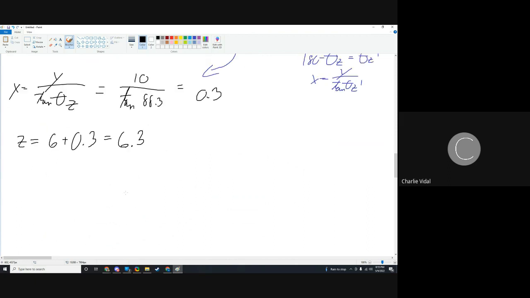If you want me to redraw that, I will. It's right over here. So we have something that looks like this, right? And this over here is going to be, hold on, this is 6, right? So this is the S desired, and this is at 10. Over here, this very, very tiny distance is X, 0.3.